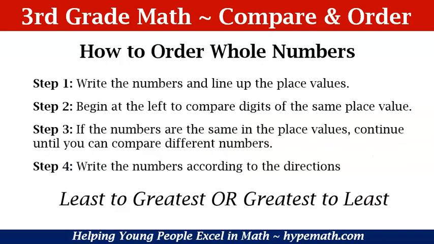All right. Now let's review how to order whole numbers. And the steps are kind of the same as they are with comparing whole numbers. Step number 1, we are going to write the numbers and line up the place values.